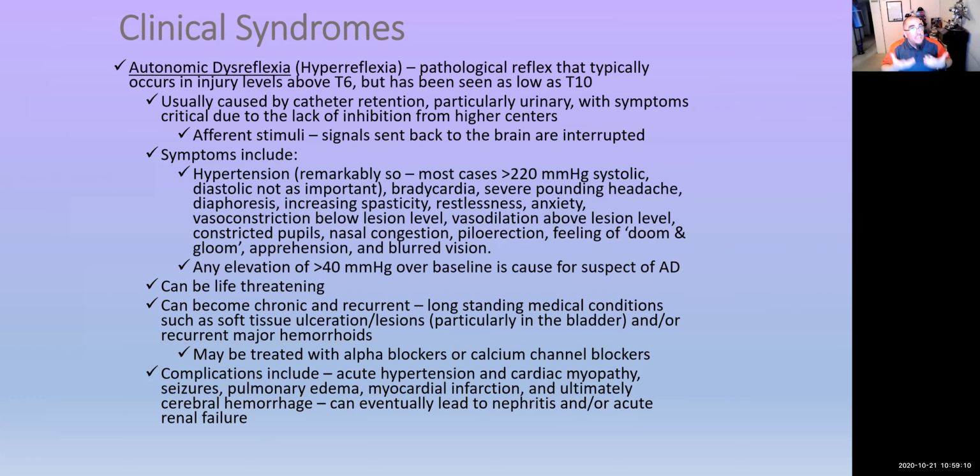Because the higher you can get them, the more you can get them upright, the greater you can decrease their blood pressure. And if we can decrease the blood pressure as much as possible, that can prevent them from stroking. So if I beat nothing else into you from this spinal cord lecture, autonomic dysreflexia: know your symptoms, stand them up, check the catheter. I had 22 questions on my boards about autonomic dysreflexia.